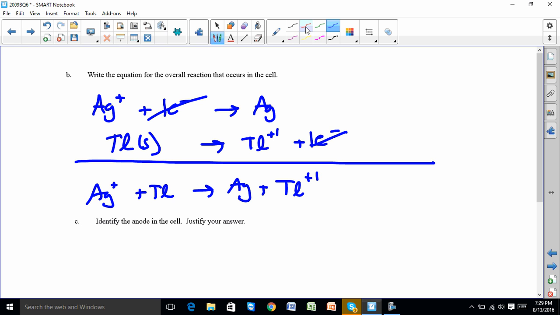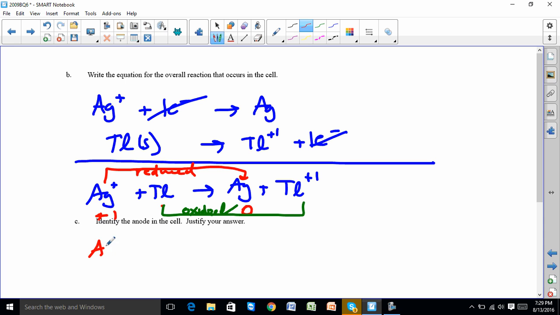Silver's charge goes down from +1 to 0, so that's being reduced. And thallium's goes from 0 to +1. Its charge is going up. So thallium is oxidized and silver is reduced.